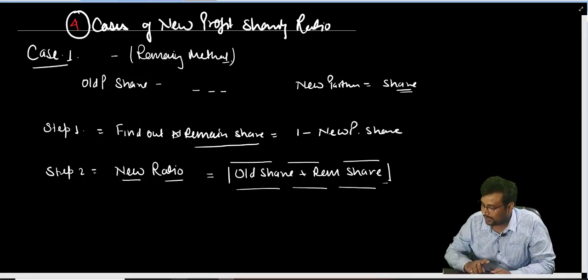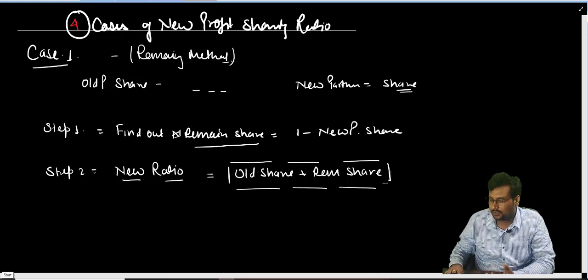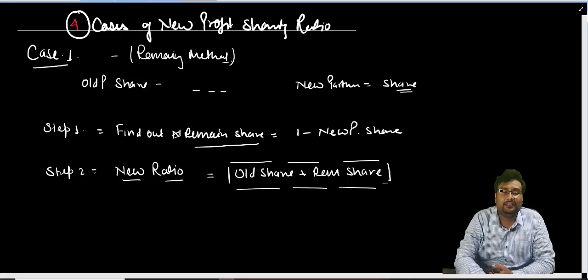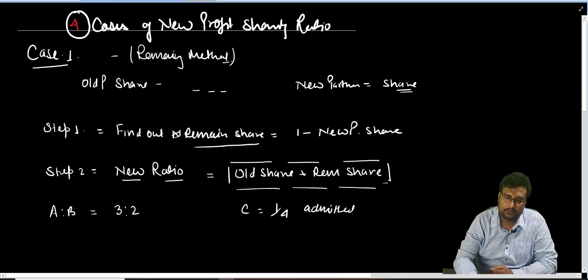Now we just take a simple question, and according to that question we will understand case number 1. Suppose A and B are two partners in the ratio 3:2. They admitted C as a new partner for 1/4 share.